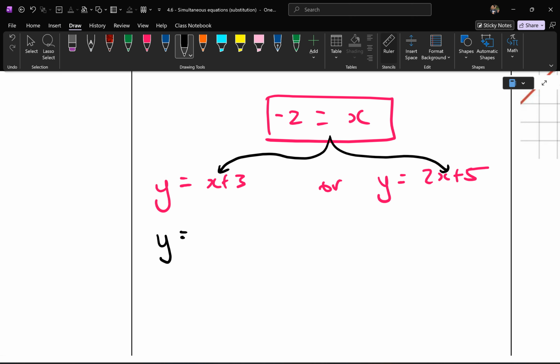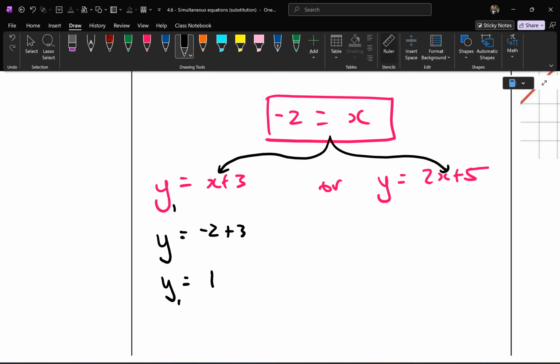If I subbed into y1, x, which is negative 2, it becomes negative 2 plus 3. What's negative 2 plus 3? 1. That's 1. Let's try this one. Let's see if it equals the same thing. So y1 will equal 1 if I sub negative 2 in.